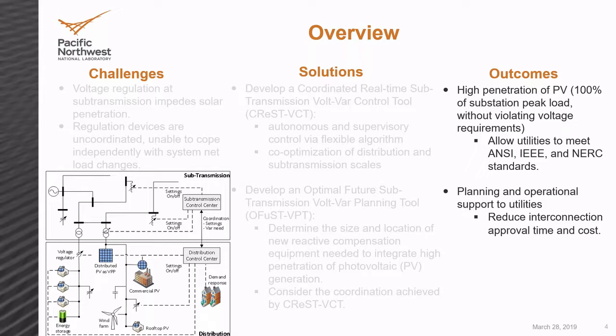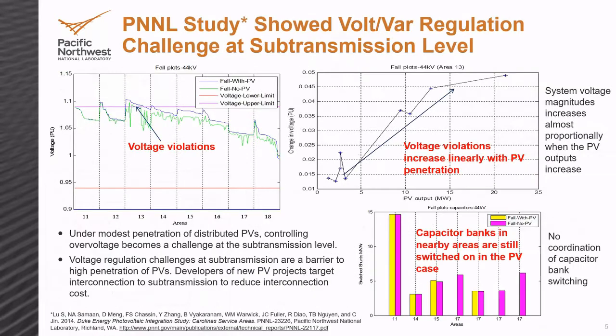Another outcome would be that the utility will take less time, if your system is ready, to investigate or approve interconnection requests from commercial or residential PV. So in the next couple of slides, I'm going to dig a little bit further into the problem we are trying to solve.